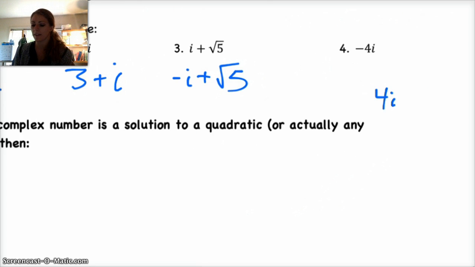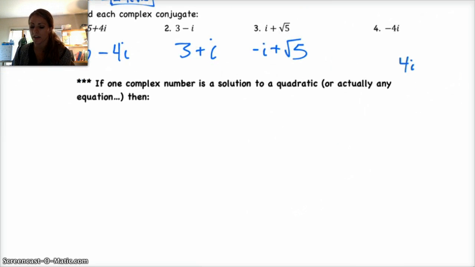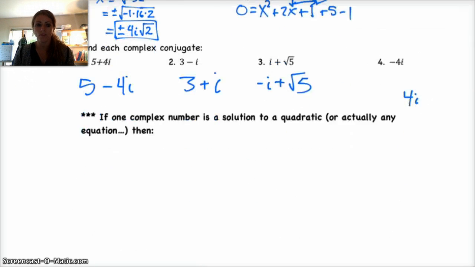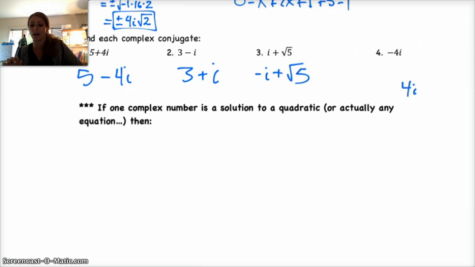Cool. All right, last little thing that you need to know, and you saw this in problem number 2, is that if you get that a complex number is a solution to a quadratic, or actually any equation, then you are always going to have at least two answers, right?